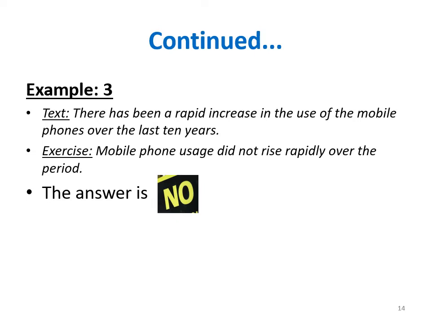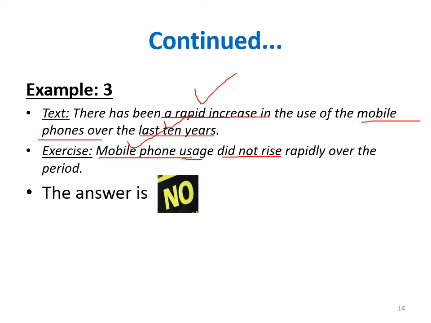So there has been a rapid increase. We know that it talks about increase, and it also talks about 10 years. And what has increased? Mobile phone usage. Okay, now let us compare. Mobile phone is present here, usage. Okay, this one thing did not rise. It says it increased, it says did not rise.